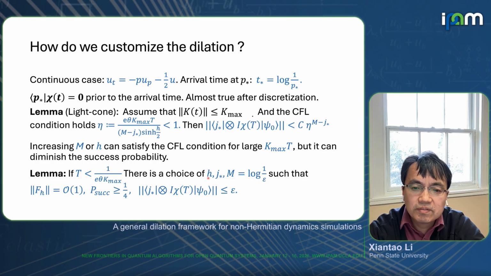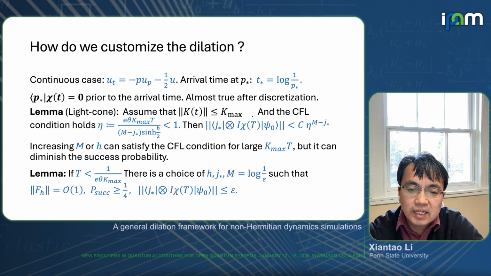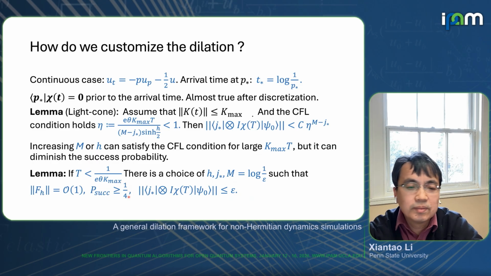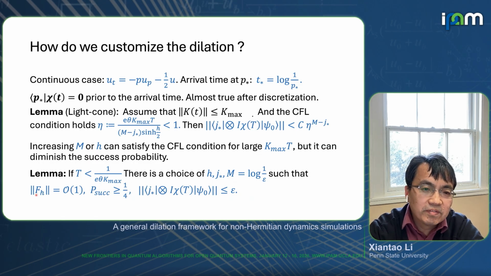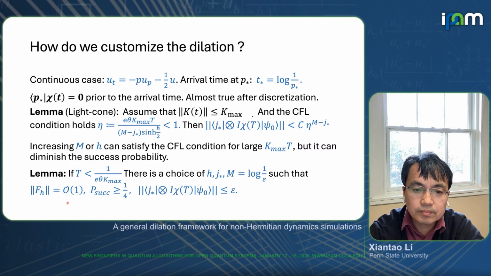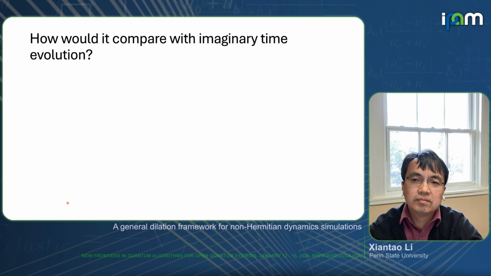And so there's a choice of H and J star such that not only can you make this error less than epsilon, you can also make the success probability bigger than some constant, so let's say a quarter. And the norm of this operator is order 1. It's epsilon independent. So that way, later on, when you do Hamiltonian simulations, this part is not going to cost you extra. So that's how we customize the parameters in the dilation.